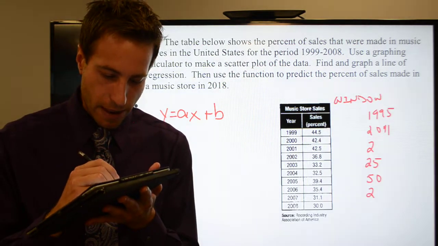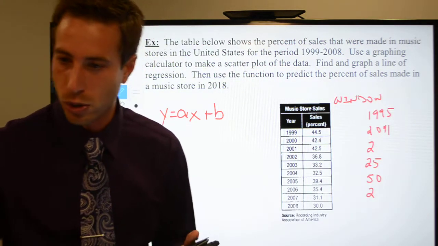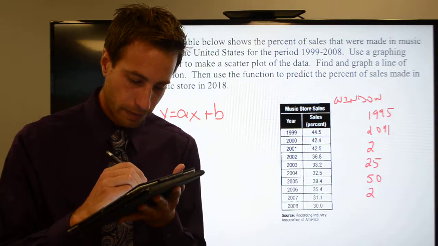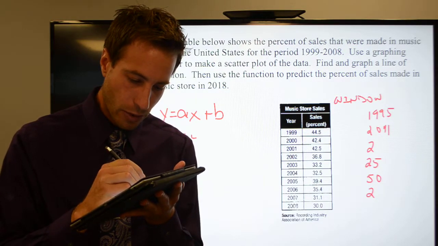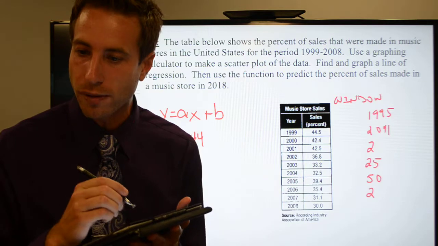A, according to my calculator, and hopefully according to yours, is negative 1.4424242... Again, remember, please do not round. Keep all of those decimal points.